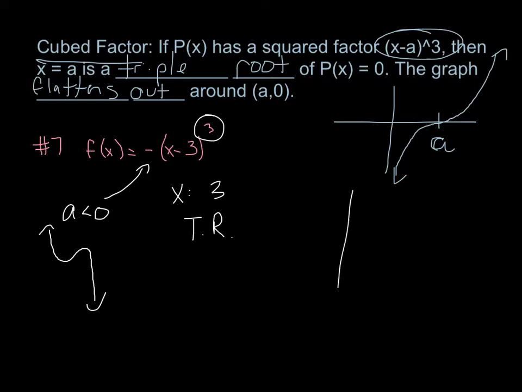So put a dot at 3. It needs to finish down this time. So it starts up, and it just kind of flattens out around 3. Stays flat, and then it says, okay, I really do want to go down. It thought about coming back up, but then it decided, nope, I want to keep going down. That's what a triple root looks like.